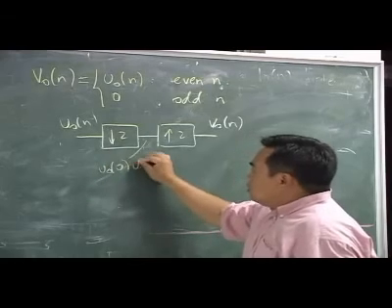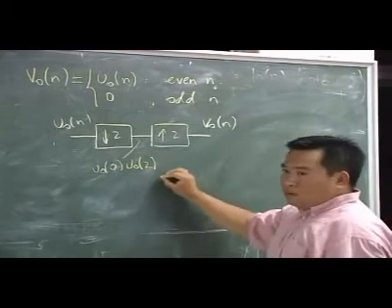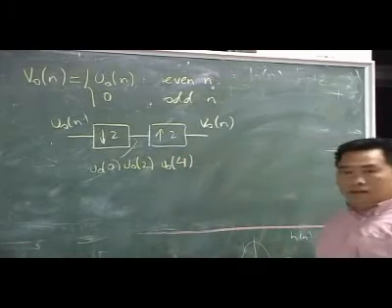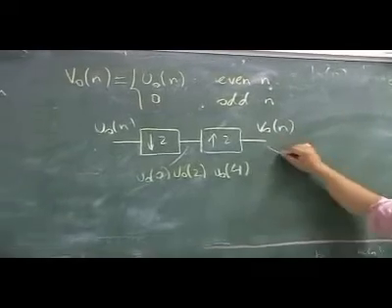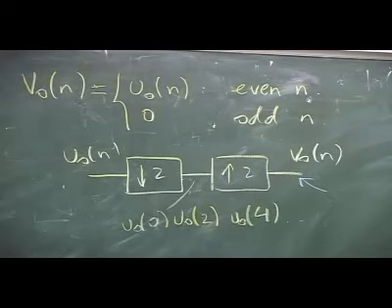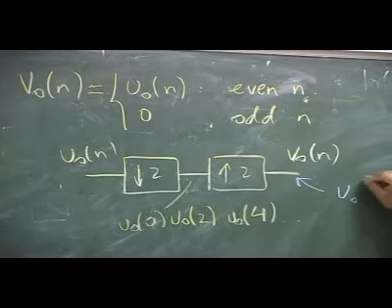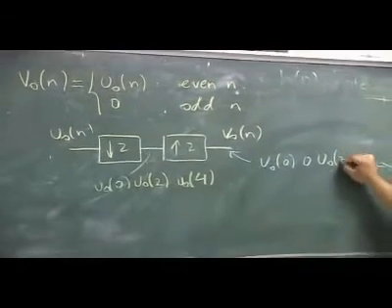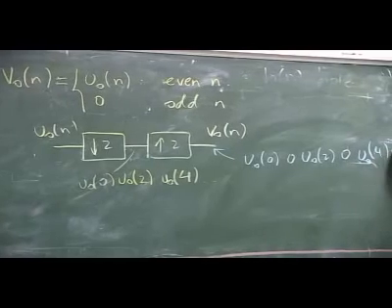U0 of 0, U0 of 2, U0 of 4, and so on. What happened here? Insert 0 between the samples. So you have U0 of 0, 0, U0 of 2, 0, U0 of 4, 0, and so on.